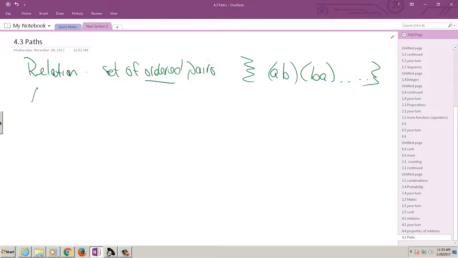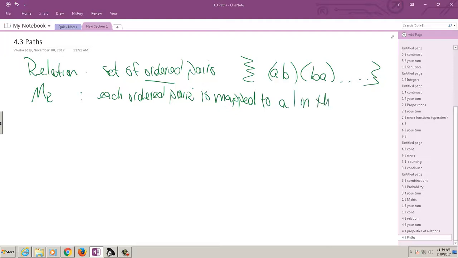Then we also have a matrix of a relation, where each ordered pair in the relation is mapped as a 1 in the matrix. If the ordered pair doesn't exist, then there is a 0 at that position in the matrix.